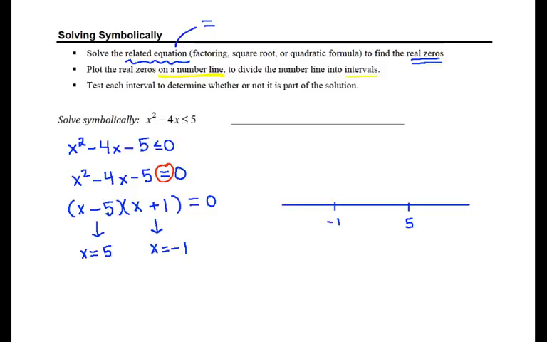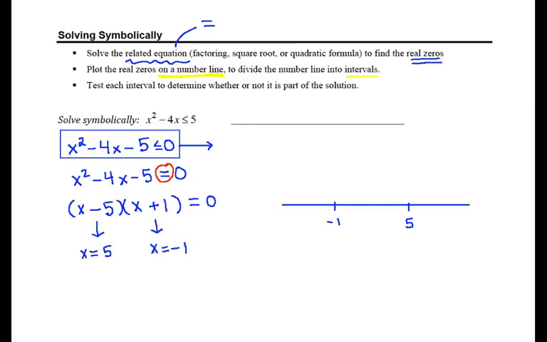Now what I want to do is identify the form of the inequality that I'm going to work with. So that would be this form right here where we have 0 on one side, and I need to make sure that I look back at that form of the inequality for everything from this point forward.